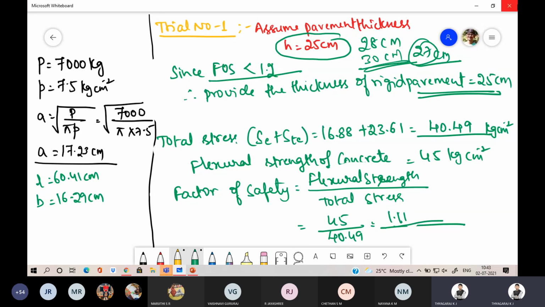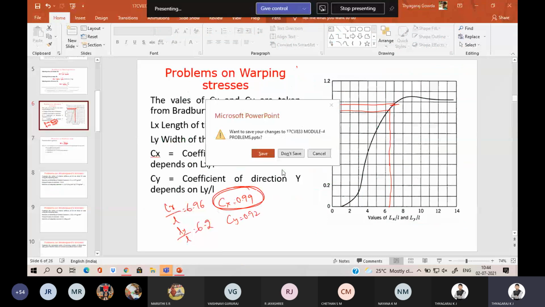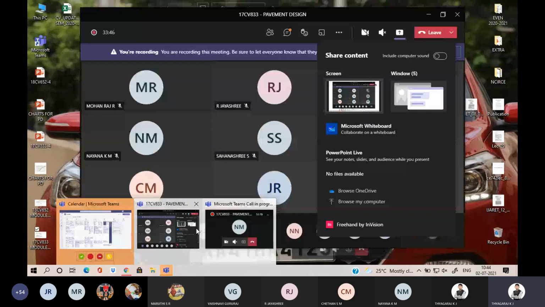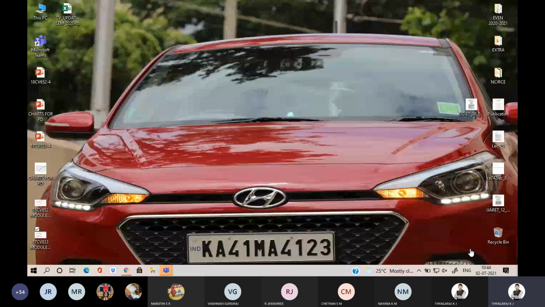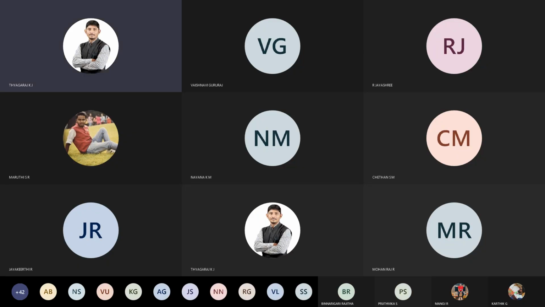We will be solving those problems, and I require one more class to solve the problems on edge load stresses, that is, determining the pavement thickness by edge load stresses. Okay, I'll stop here. So any doubts in this or anything to discuss?